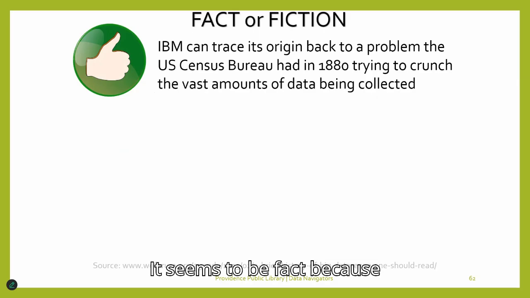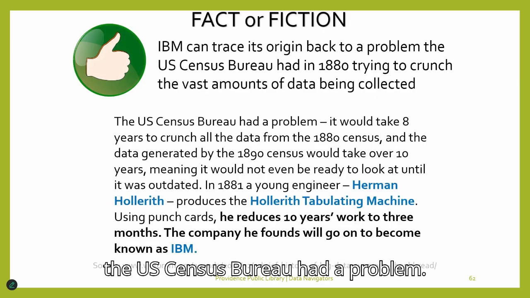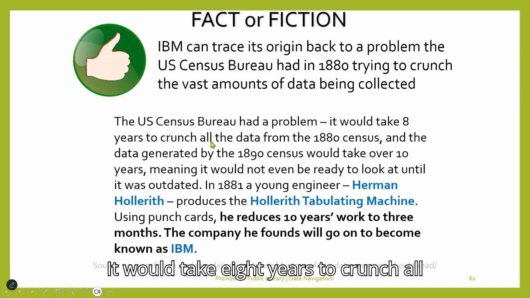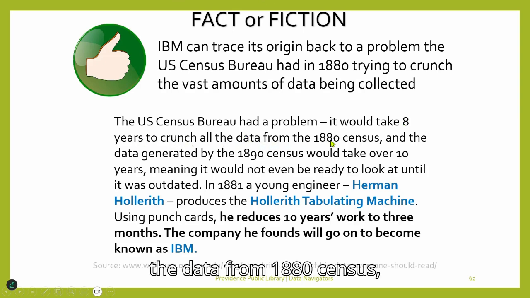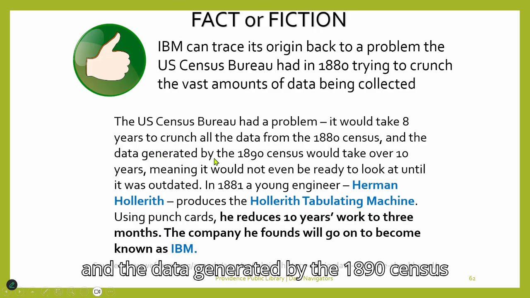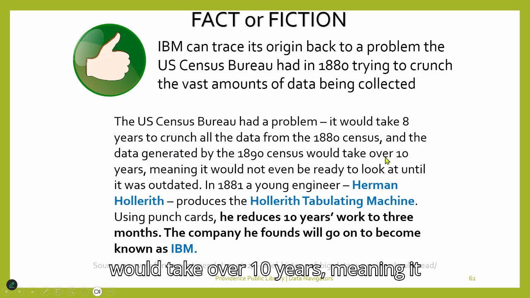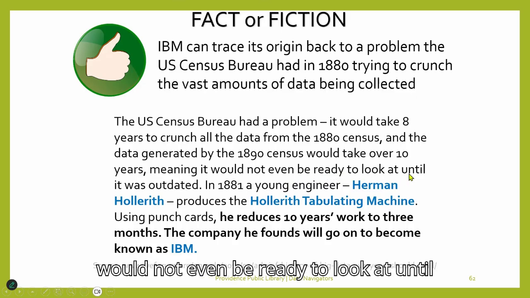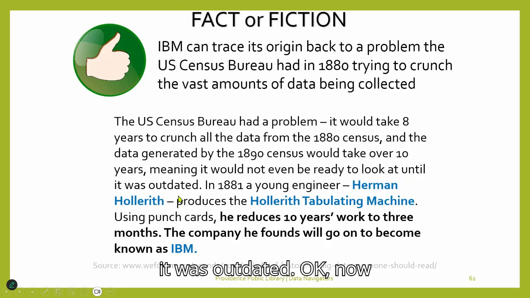It seems to be fact because the US Census Bureau had a problem. It would take 8 years to crunch all the data from the 1880 census, and the data generated by the 1890 census would take over 10 years, meaning it would not even be ready to look at until it was outdated.